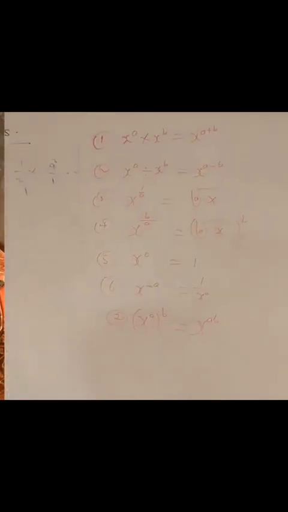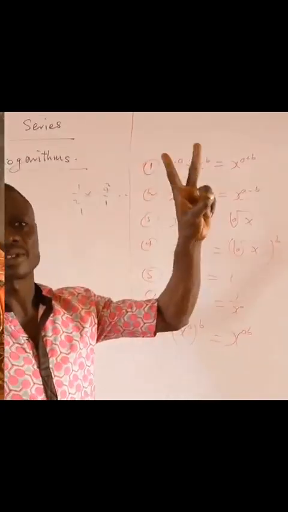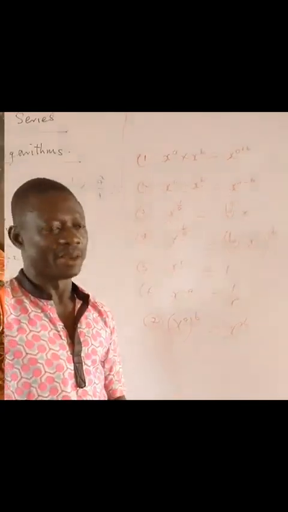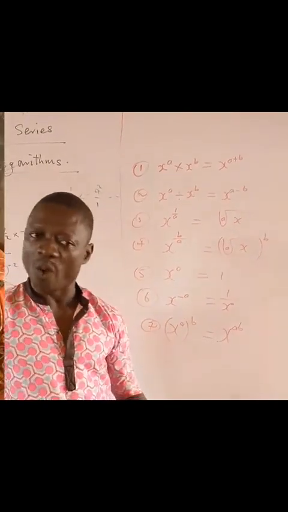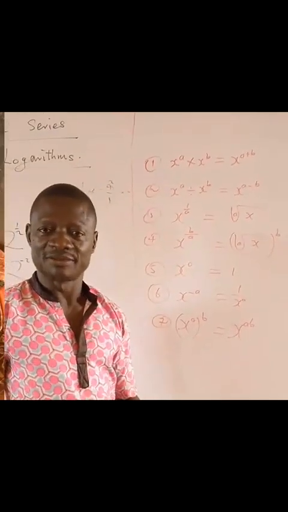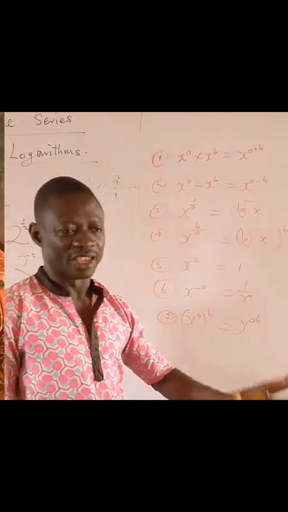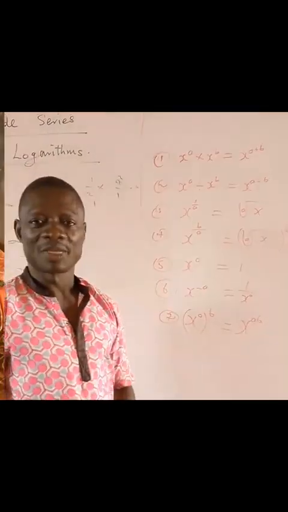These 7 laws of indices are used in solving 2 types of questions in most exams at this level. 1, simplification of calculations involving indices. 2, solving equations involving indices.